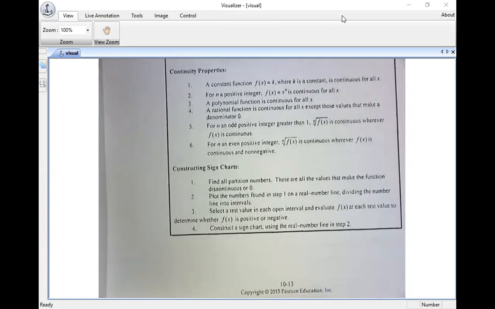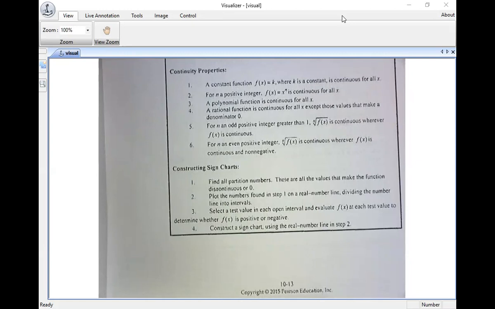Now, sometimes it may be a challenge to solve some of these, especially if we see inequalities. So maybe they give us a function and they're wanting us to find all the values where the function is greater than 0, where it would end up being positive. We might have a hard time figuring that out unless we construct a sign chart.